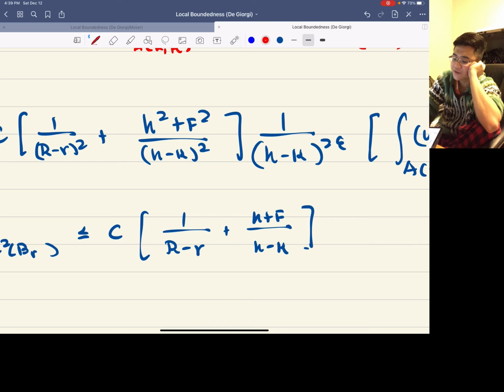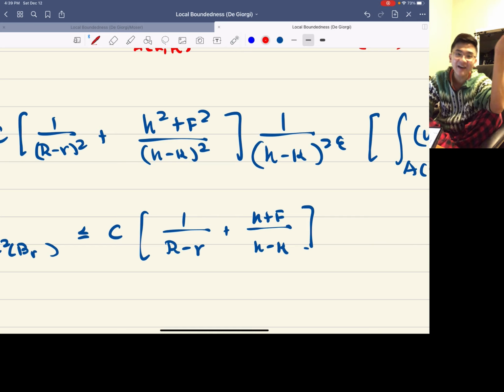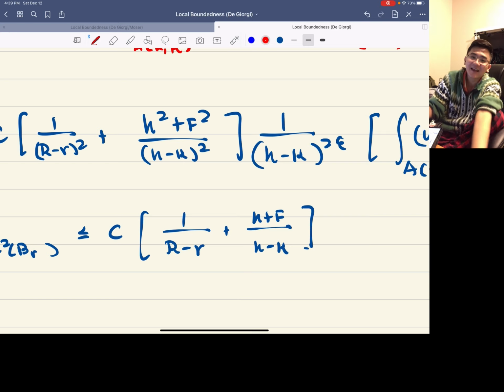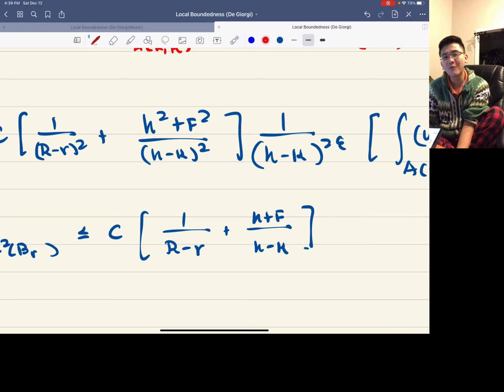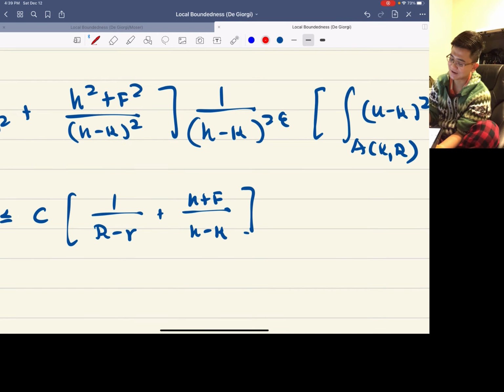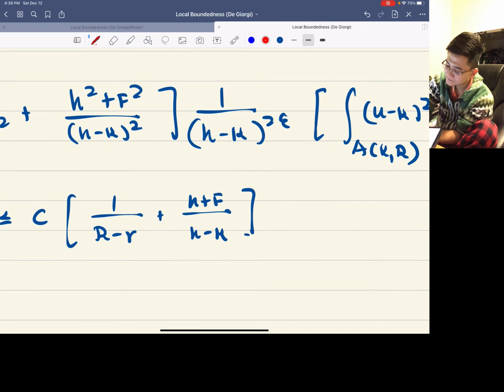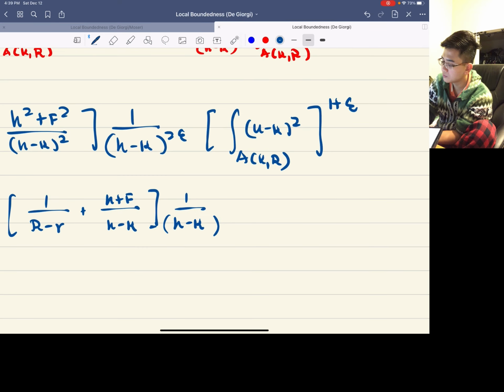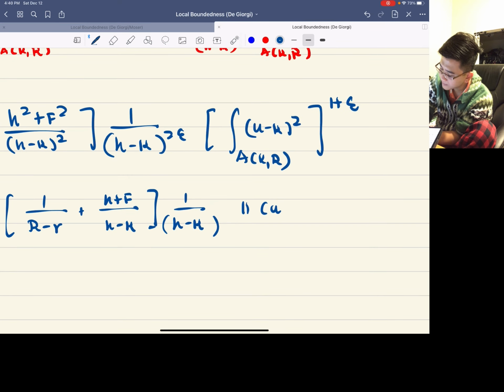You know that the square root of this is not h plus f, but you can control it by h plus f, and that is fine. In analysis, we mostly work with inequalities rather than equalities. Okay, so that is fine, times 1 over (h minus k) multiplied by the L2 norm of (u minus k) positive part in big R.